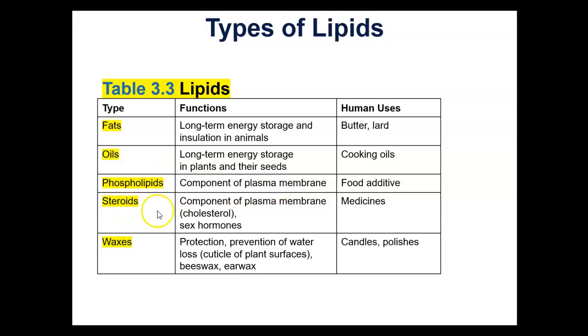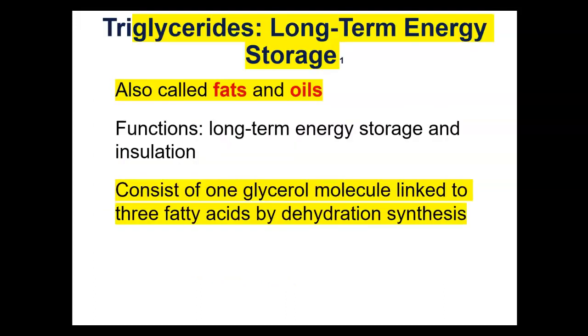Steroids are based off of the molecule cholesterol. Cholesterol is the precursor molecule for the sex hormones, testosterone and estrogen. Waxes are for protection and preventing water loss. So we have beeswax, earwax, and the cuticle that covers plant leaves.